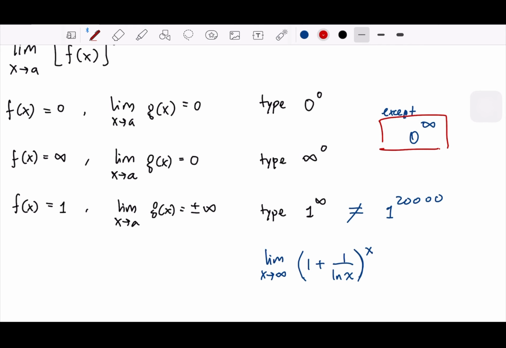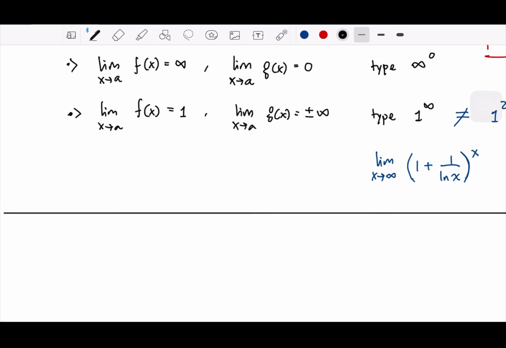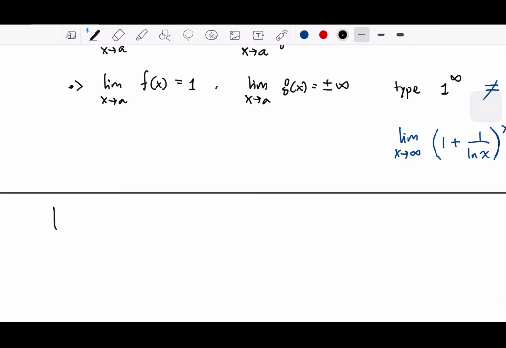Okay, now let me show you what we can do if we encounter all these conditions. For example, you have a limit as x approaches 0 from the right of the function x with the power of x.